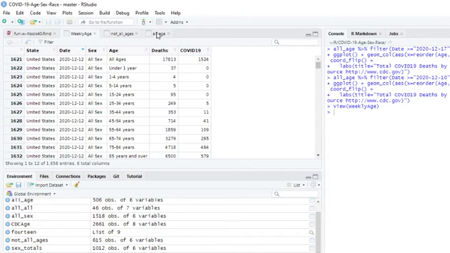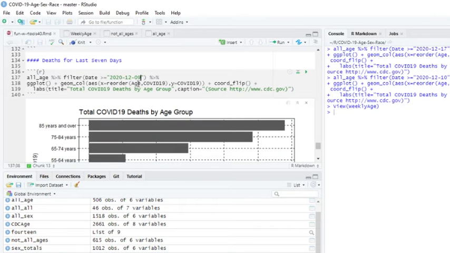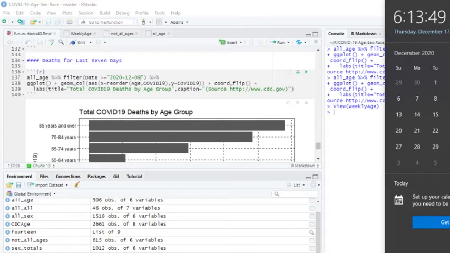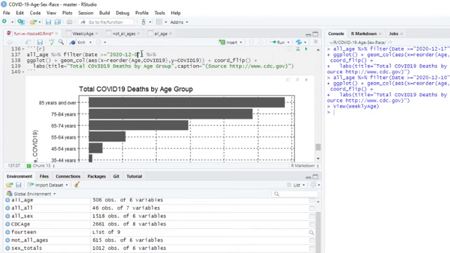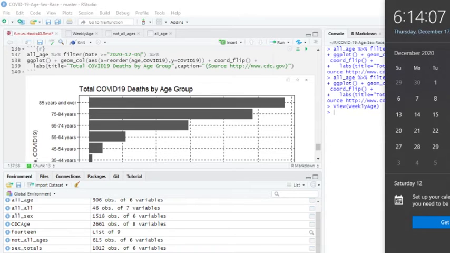Through December 12th. Right. So we want to do the 5th, right? Because this data is good through the 12th.